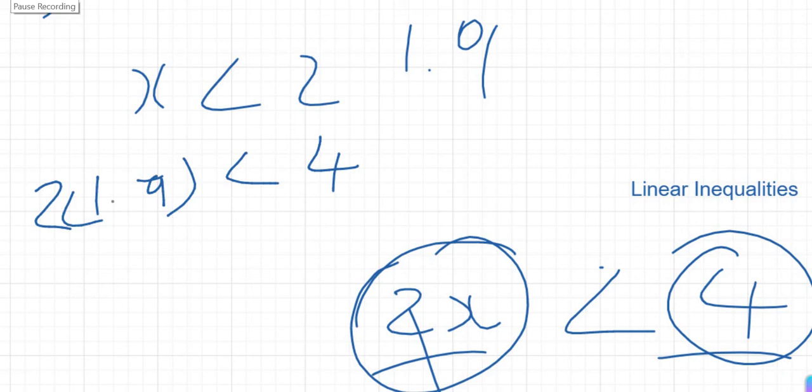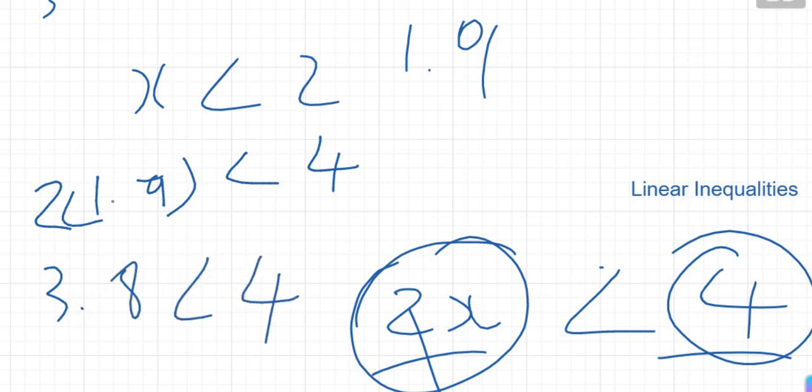This will give us 3.8. And if you look at it, this is true. So if we pick any random value less than 2 and substitute it into this inequality, when we evaluate it, we will get a true statement: everything that we evaluate will be less than 4. And so that's simply what inequality is telling you.